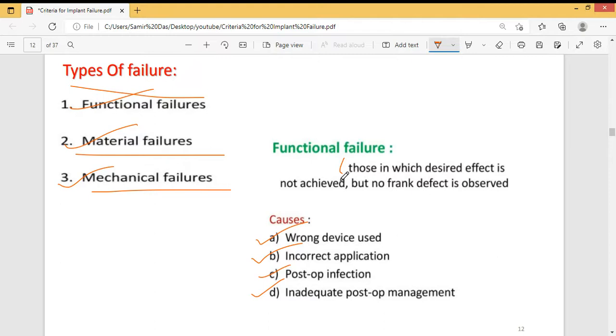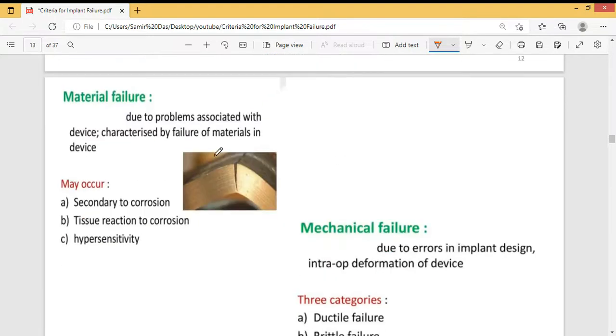So this basically comes under functional failure. Next comes material failure, due to problems associated with the devices, characterized by the failure of material in devices.